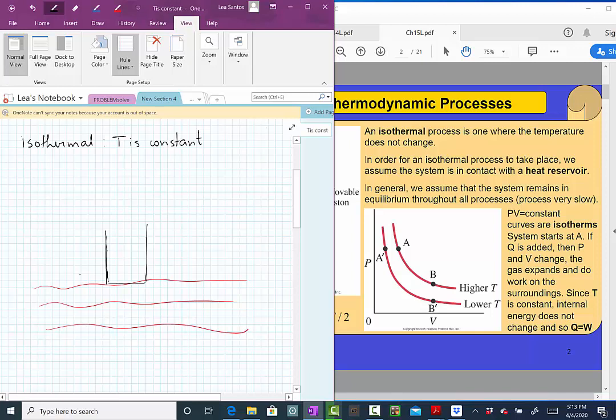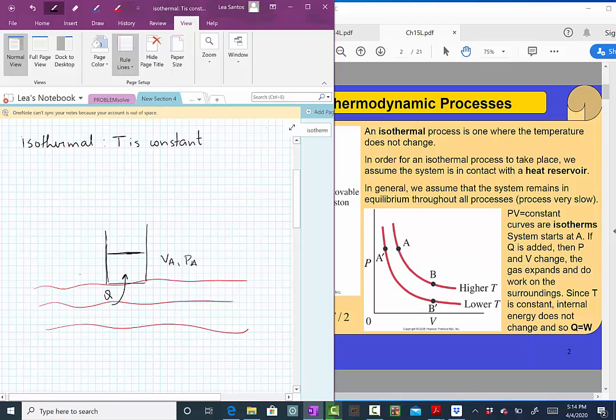Okay, so what are we going to do? What is the idea of this isothermal process? Heat is going to be added to this system, heat from this reservoir. And this system is initially in this state where we have a certain volume, VA, and a certain pressure, PA.